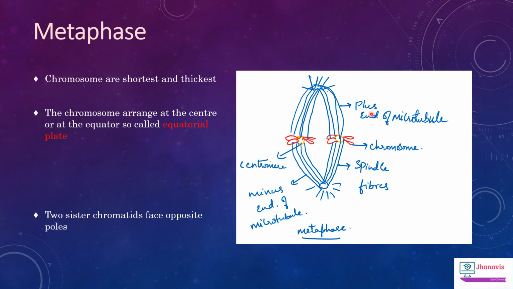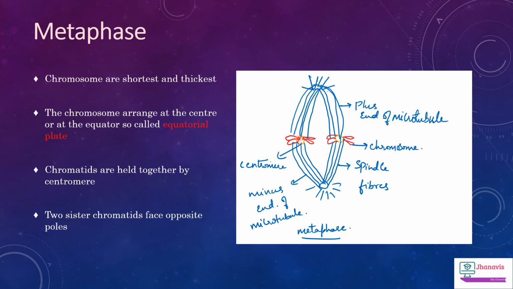With the help of this diagram, we can see what changes take place in the metaphase of mitosis. Mainly you can see the chromosomes align themselves on the equatorial plate, and the centrioles have already moved towards the opposite poles, and along with this you can see the spindle fibers are formed here and they are attached to the centromere region of the chromosome.